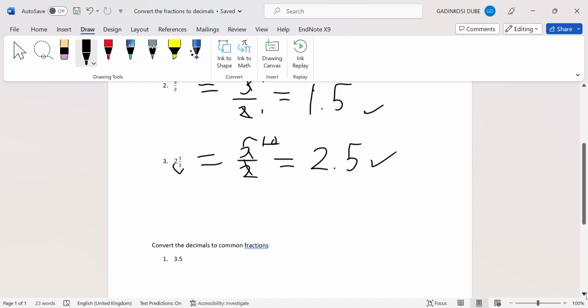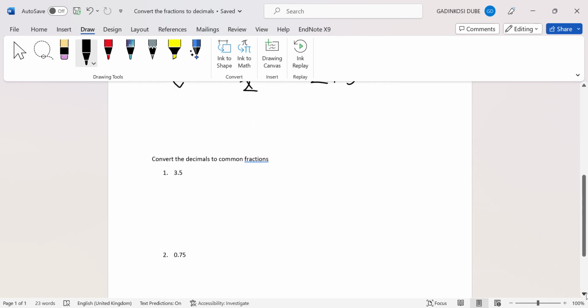Now, if you want to convert back to common fractions, we've got 3.5. Convert the decimal to a common fraction. What do we do here? We've got a situation like that, 3.5. This is the whole number. After the decimal point, that's a fraction.